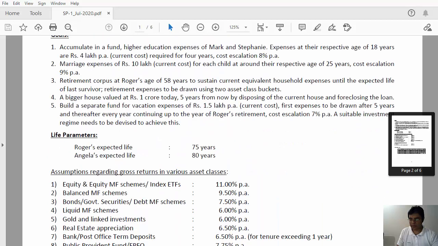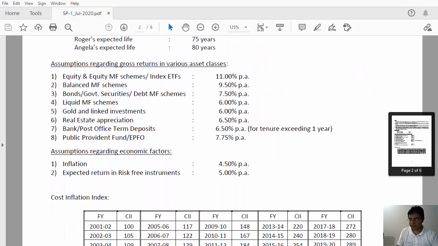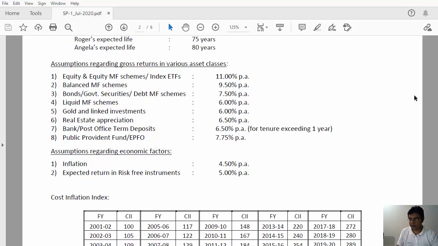Moving to the next page, the life expectancy for both is given, which is 75 years and 80 years. The debt mutual fund return is 7.5%, inflation is 4.5%.